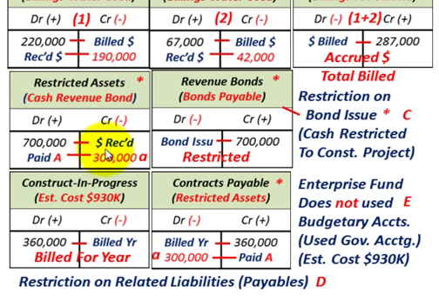So we would credit or reduce our restricted assets by $300,000, and also our contracts payable by $300,000. So remember, this related liability is really a restriction. The related liability is restricted by the funds that are sitting in your restricted asset account. So if you didn't have any funds in your restricted asset account, then you couldn't pay those contracts payable.